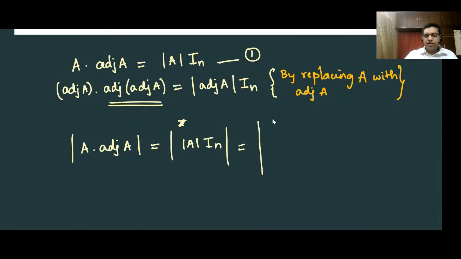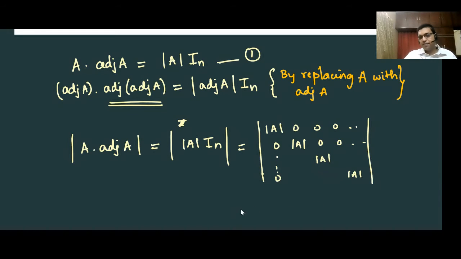Determinant of A into In is nothing but determinant of this diagonal matrix, which is determinant A to the power n times determinant of I, and determinant of I will always be 1.